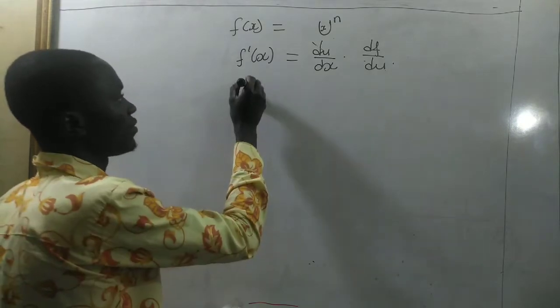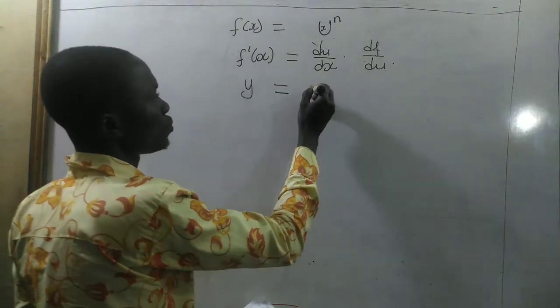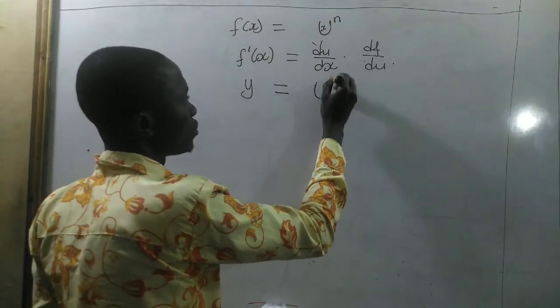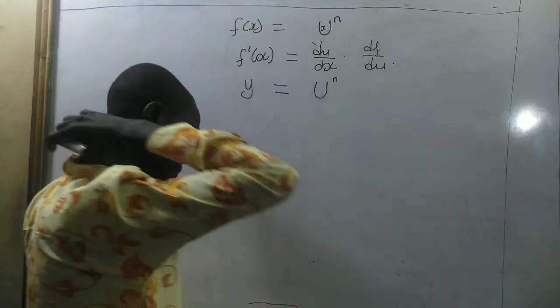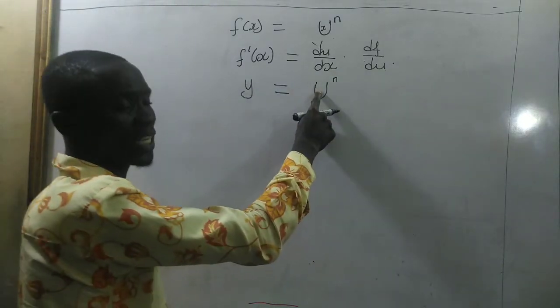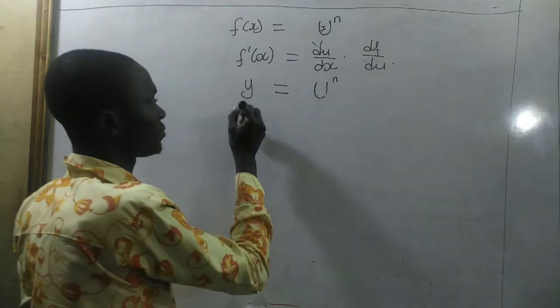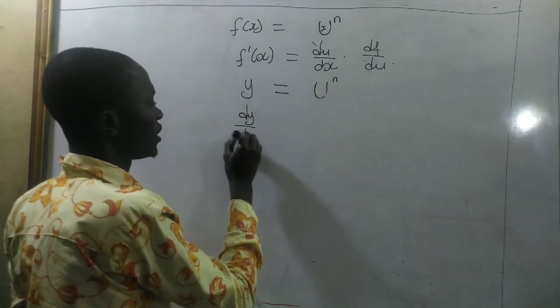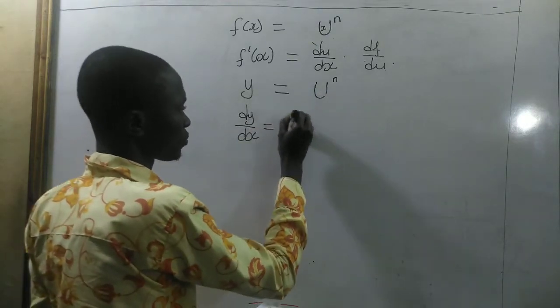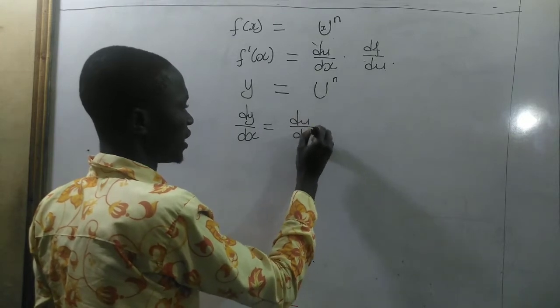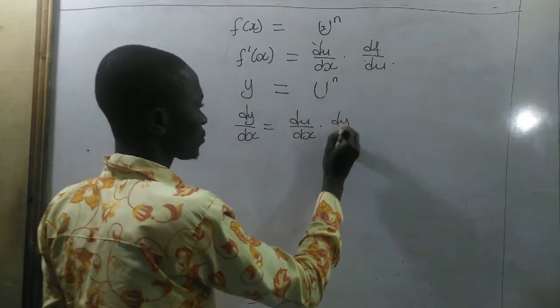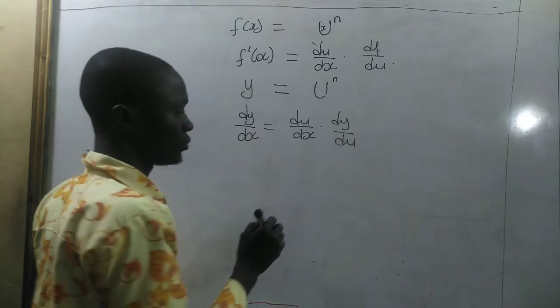Or let me write it. If I have y is equal to u to the power n, where u is a function of x, then dy on dx is equal to du on dx times dy on du.